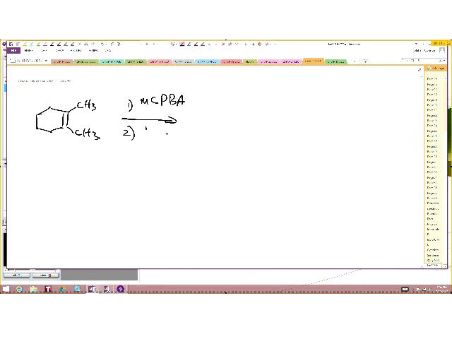Then step 2, if what we want is the diol. So you just say step 1 and step 2.